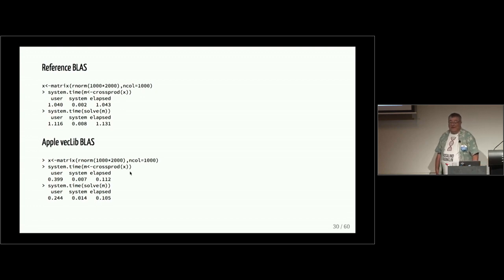Part of that is threading, but a lot of it is optimizing cache and complicated stuff that I don't understand. There's also something called OpenBLAS, which is a relatively portable one for Intel chips.